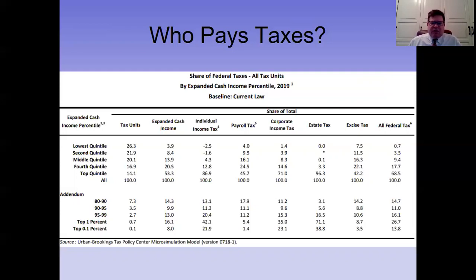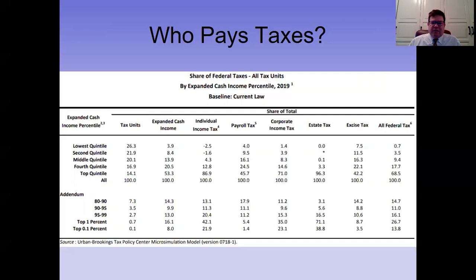Now, let's take a look at a couple of qualifiers here. If you take a look at the individual income tax, you'll see that the bottom 40% does not pay any tax. It's around 43% who pay zero income tax or get money back from the federal government in the program that we'll talk about in a couple of minutes.